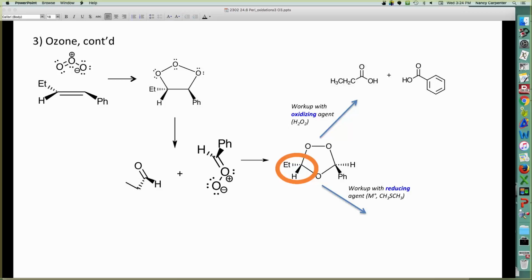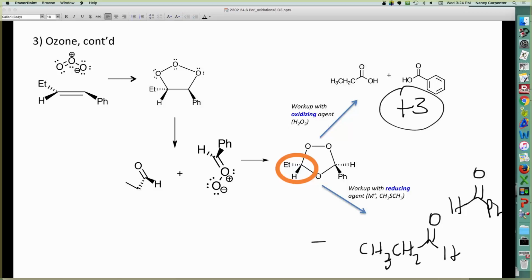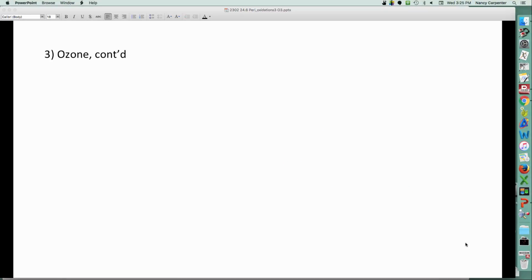So we end up with our aldehyde and our other aldehyde, both of which are oxidation state +1. So further oxidized up to +3, not further oxidized from this stage. And that gives us our flexibility in determining the products of ozonolysis.